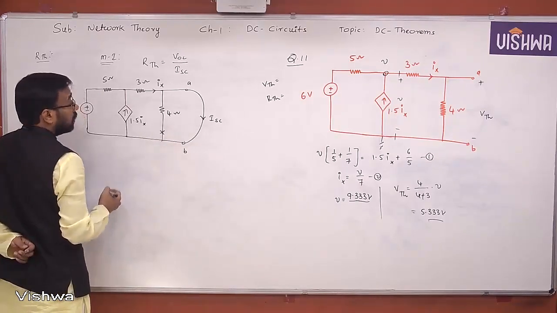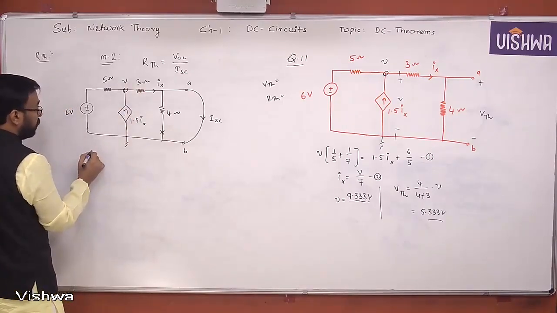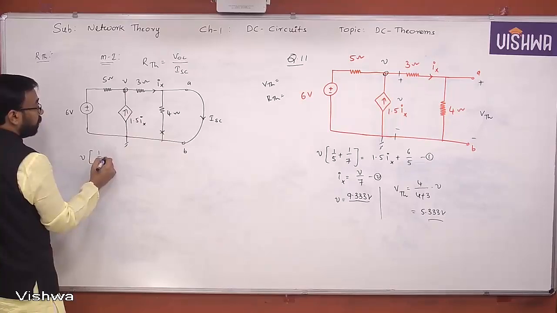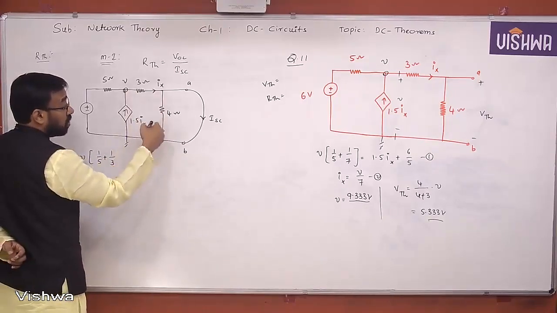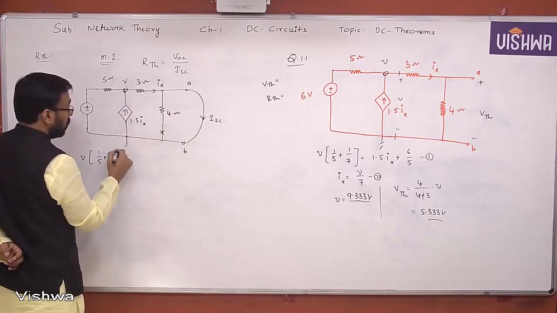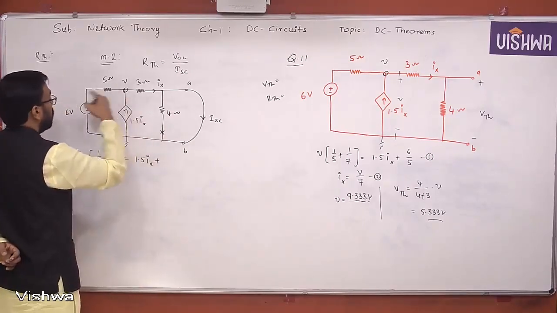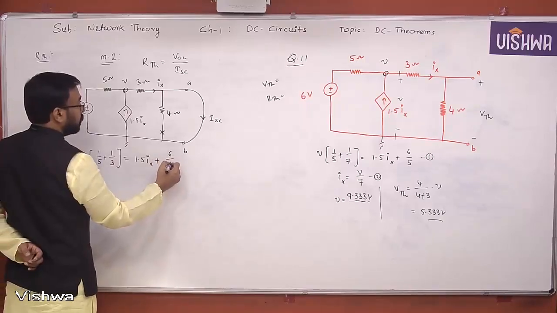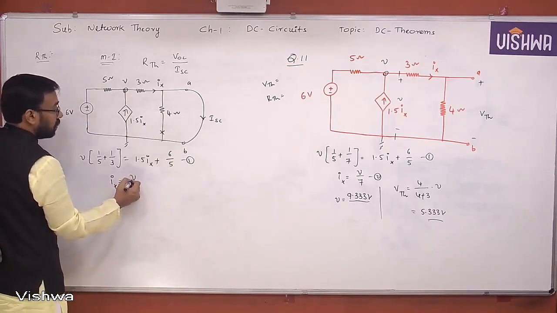Yes or no? Now again take V of 1 by 5, 1 by 3 this time because this is gone. There is only a resistor left over. This is equal to 1.5 Ix plus 6 by 5. This is equation 1. Ix is equal to V by 3.